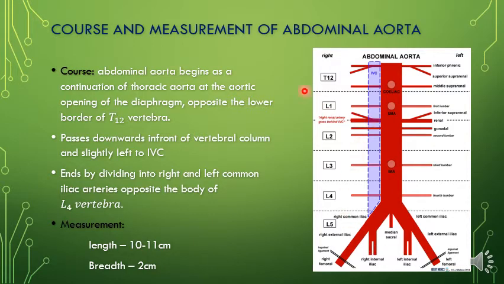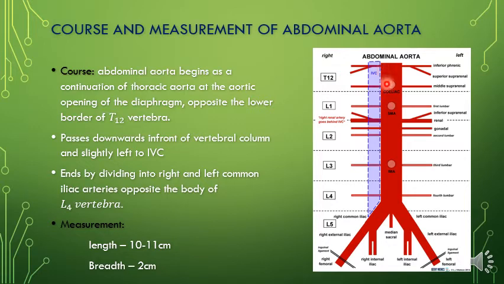Then the course and measurement of the abdominal aorta. The abdominal aorta begins as a continuation of the thoracic aorta at the aortic opening of the diaphragm opposite the lower border of T12 vertebra. So here this is the T12 vertebra.